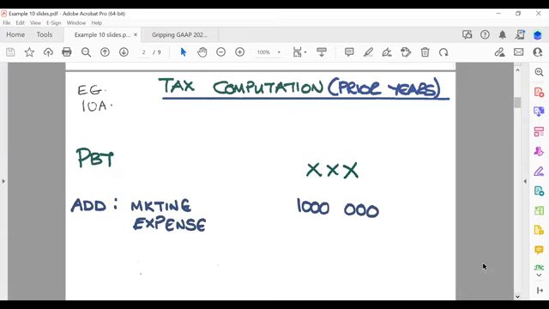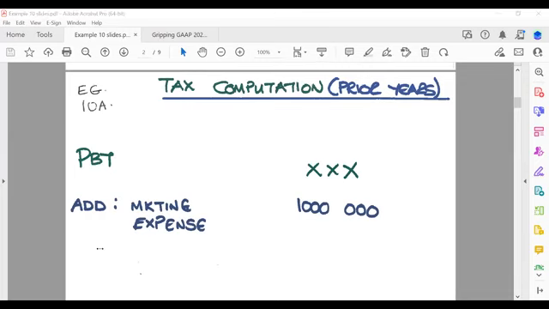So if we start our profit before tax with this amount, we know that this amount was understated in a previous year. So to correct that, we now need to add back this marketing expense of R1 million. So what are we telling the receiver of revenue here?